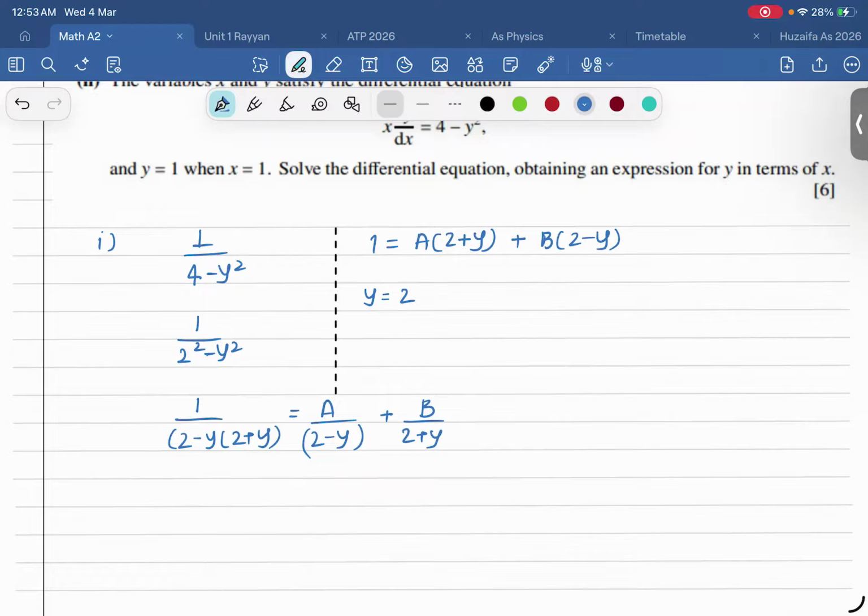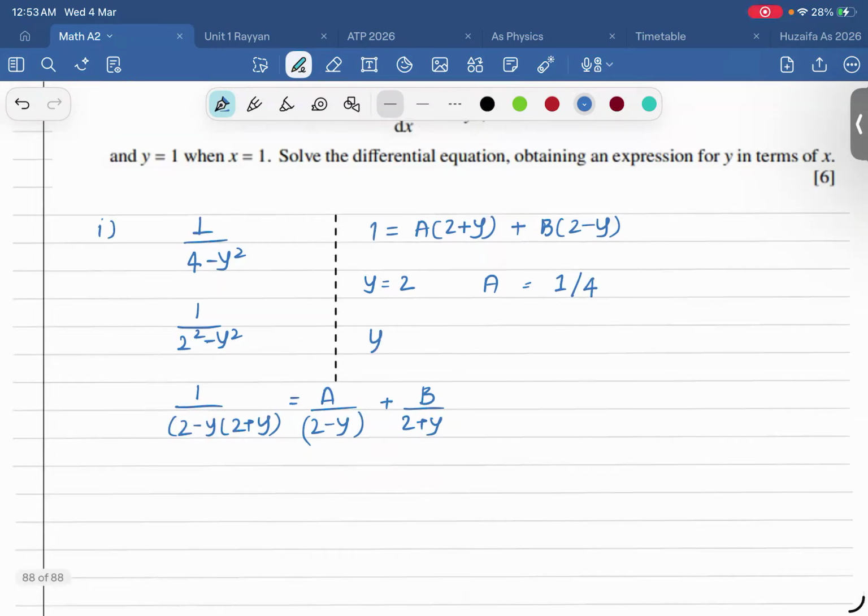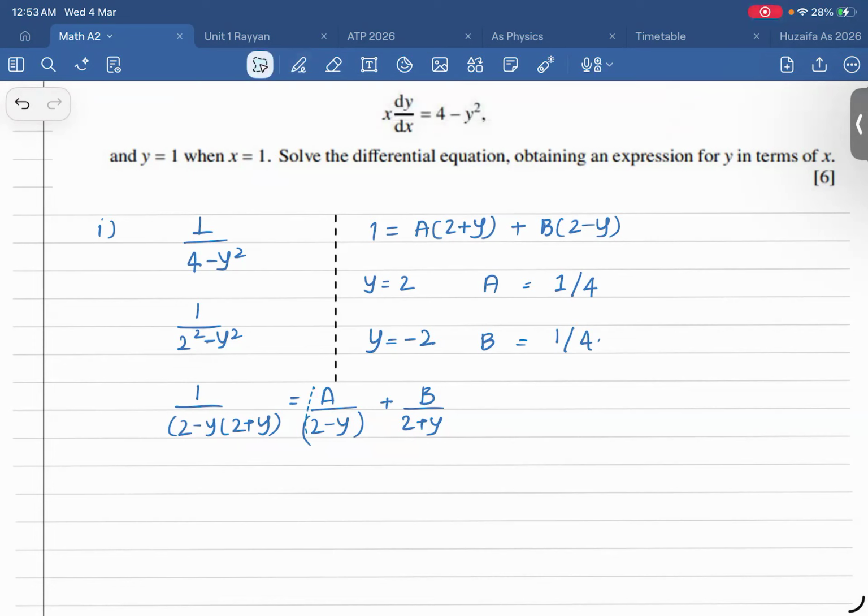And a will be 1 over 4, right? And when you take y as negative 2, then a would be 0 and b would be 1 over 4, okay? And this is like the differential equation that you just set up, okay?